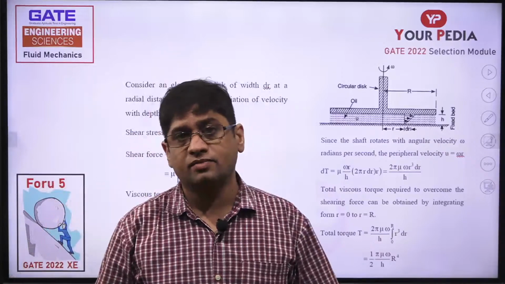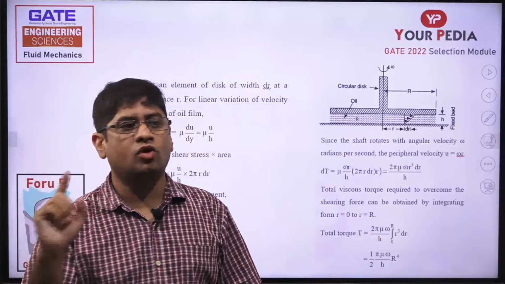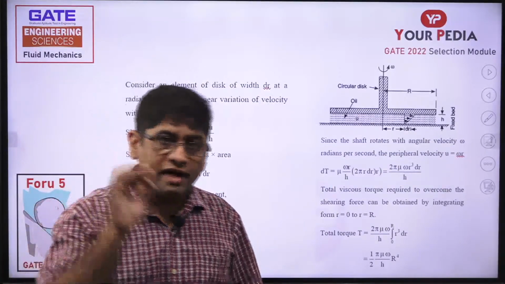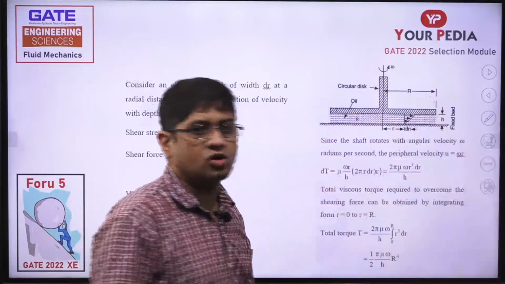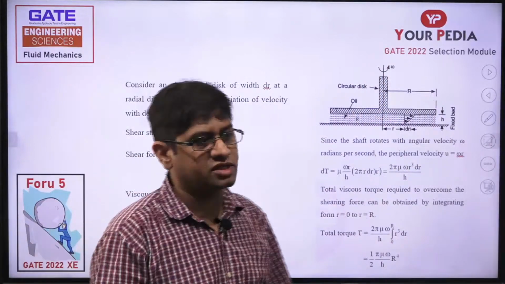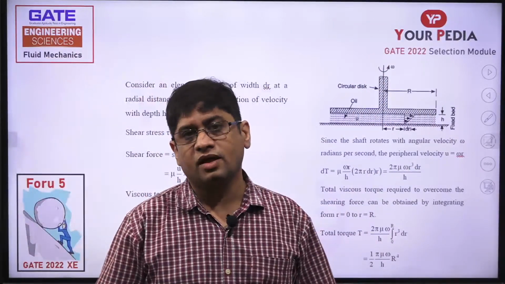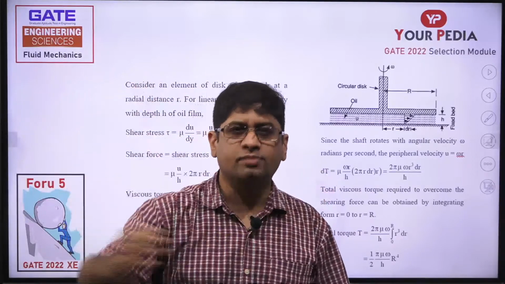Something like a fan: at the center the linear velocity is 0, and at the extreme the tangential velocity is pi dn by 60. So as you move away from the axis of rotation, linear velocity keeps on increasing, and if linear velocity increases, the u in du by dy also changes, and if u changes, then we need to think of the concept of integration.